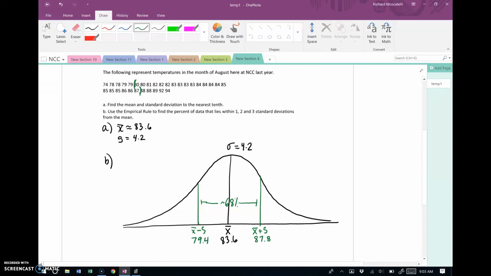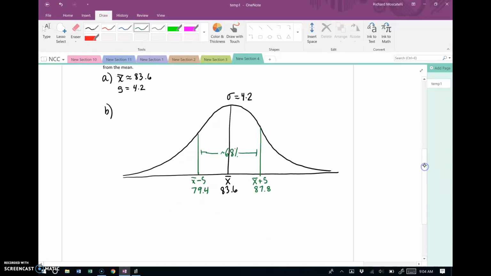If I count all these values, I get 21 of the data values. Remember, there are 31 data values up there, so 21 of the 31 fall between those two values.